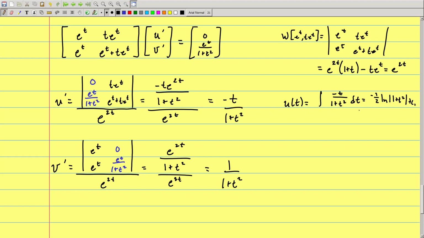For this integral, the way that we compute it is we set p equal to 1 plus t squared. That means that dp is going to be equal to 2t dt. We have an extra factor of 2. That's where the 1/2 comes from. And then after our substitution, we end up with the integral of negative 1/2 times 1 over p dp. And the integral of that is, of course, just the natural log of the absolute value of p, which we replace to get 1 plus t squared.